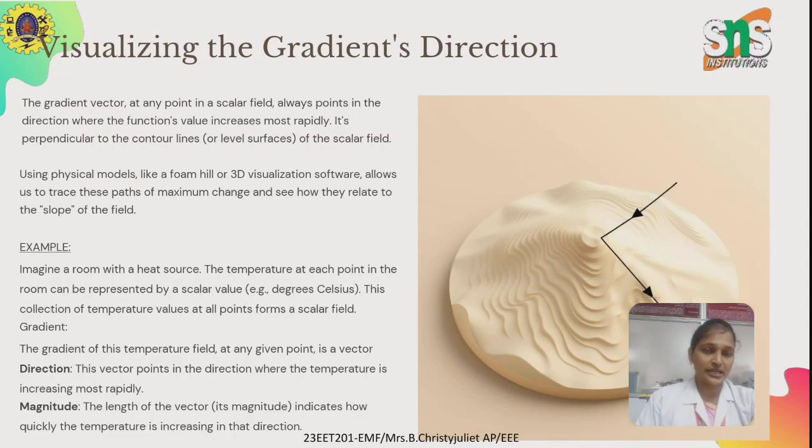Let's get into detail about the gradient. The gradient vector at any point in a scalar field always points in the direction where the function's value increases most rapidly. For example, consider a conductor, or an iron rod, where we are applying heat at one side of the rod.